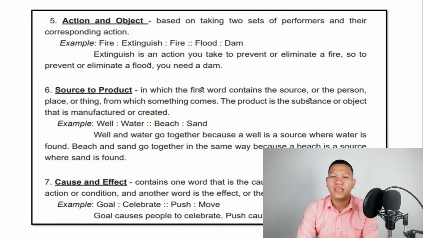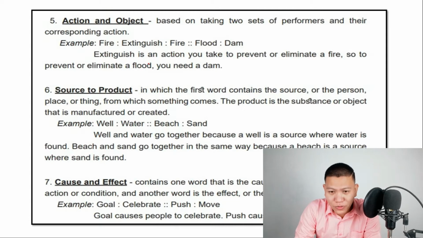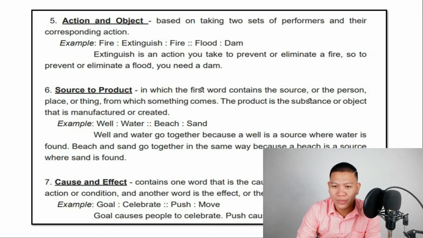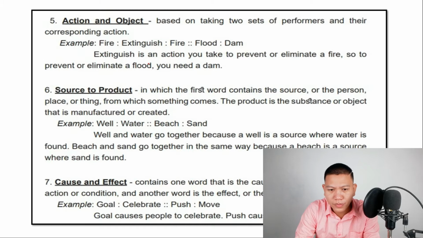Number 5, action and object. So based on taking two sets of performers and their corresponding action, we will first have the action and then the object. Let's have an example. Fire is to extinguish. In the same way, this one is wrong.